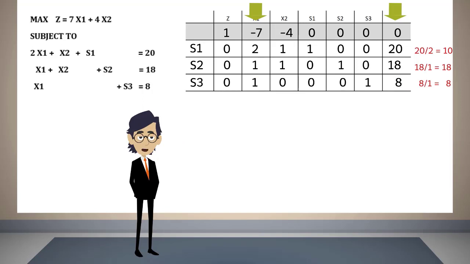Now we select the row with the smallest value. This means that the variable x1 will be basic, and s3 will no longer be basic.